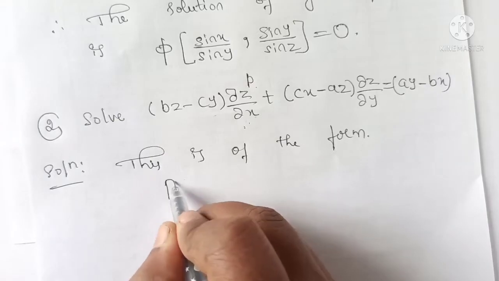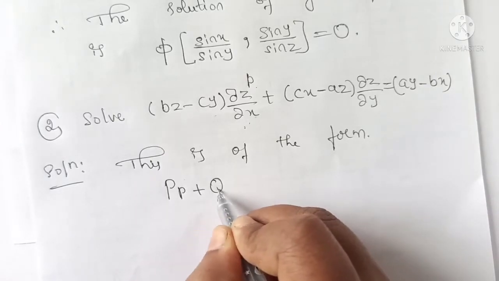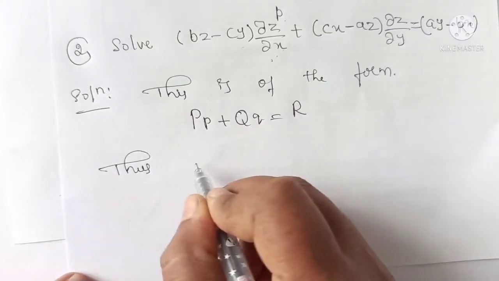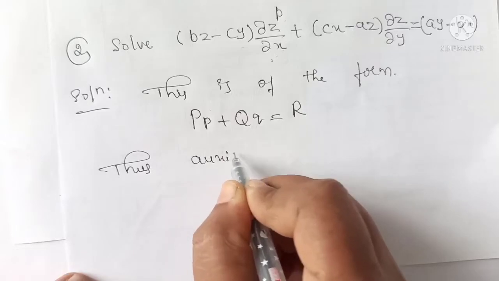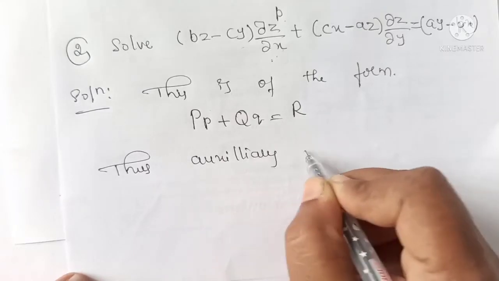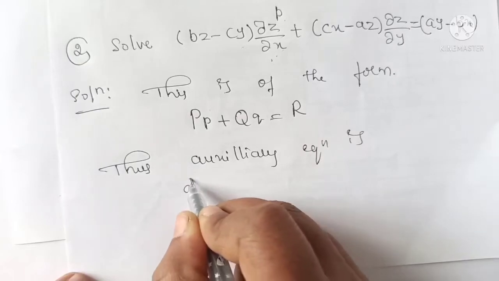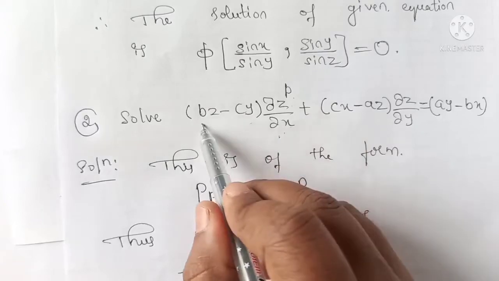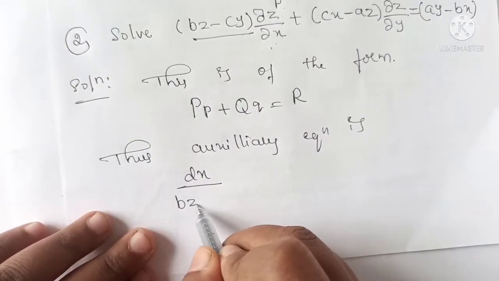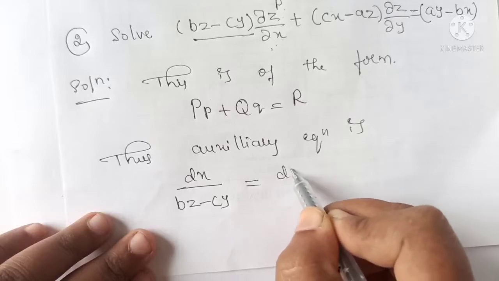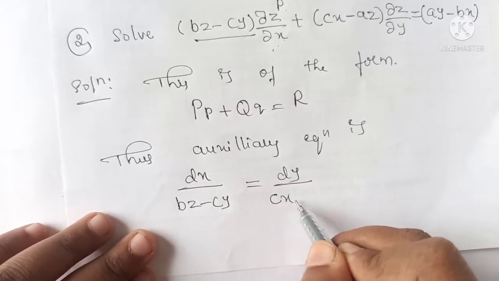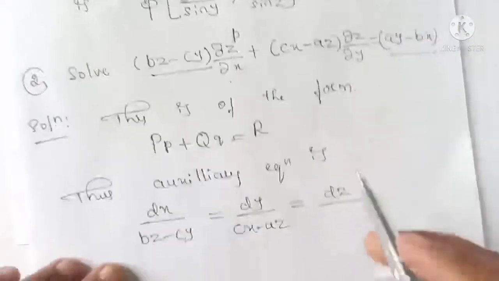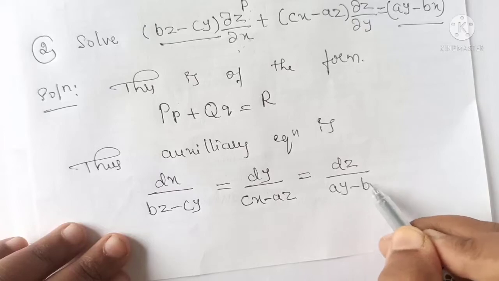So this is of the form capital P into p plus capital Q into q equals R. Thus the auxiliary equation is dx divided by capital P, where P value is bz minus cy, equals dy divided by capital Q value cx minus az, equals dz divided by R value ay minus bx.